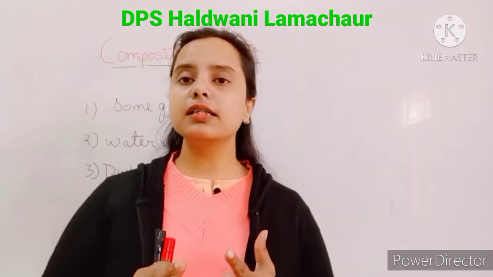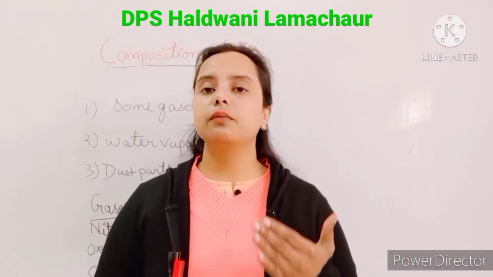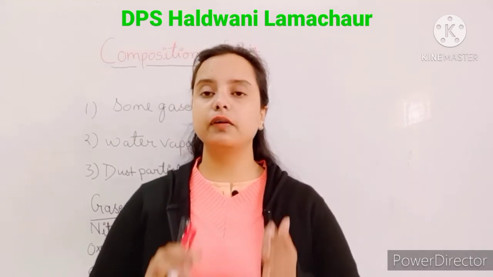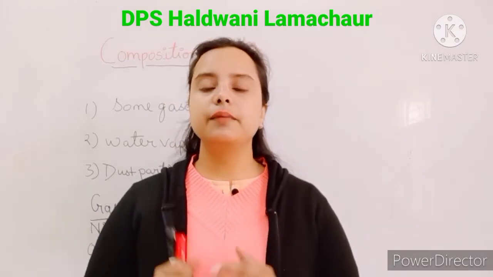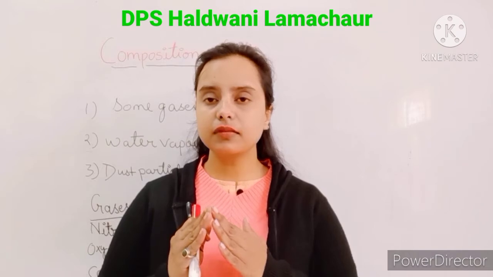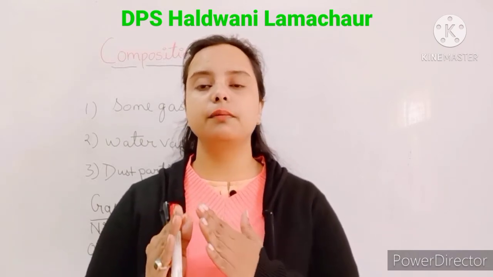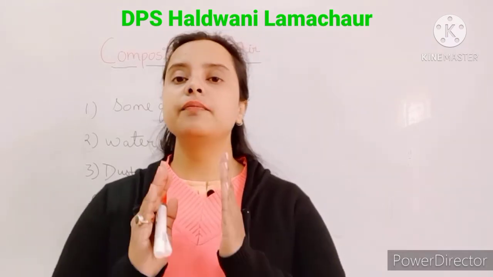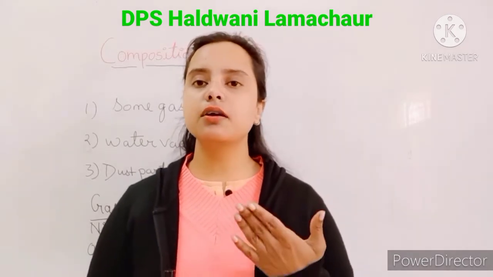When the water gets evaporated, it converts into water vapors. When these water vapors come in contact with the cool air, they get cooled down, and as a result it produces fog.